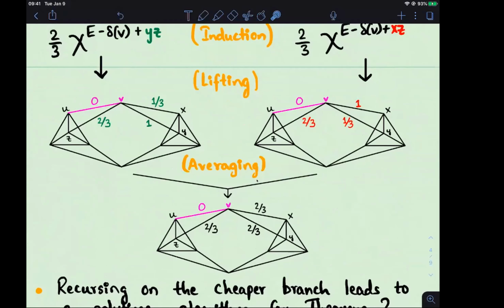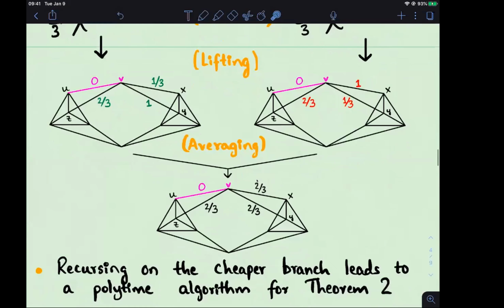On the left-hand side, the convex combination that we get has more weight on the edge VY and less weight on the edge VX. And on the right-hand side, this is symmetrically opposite. So a simple averaging procedure on these 2 sub-instances gives us the required convex combination for the vector 2/3 times the incidence vector of the entire set.